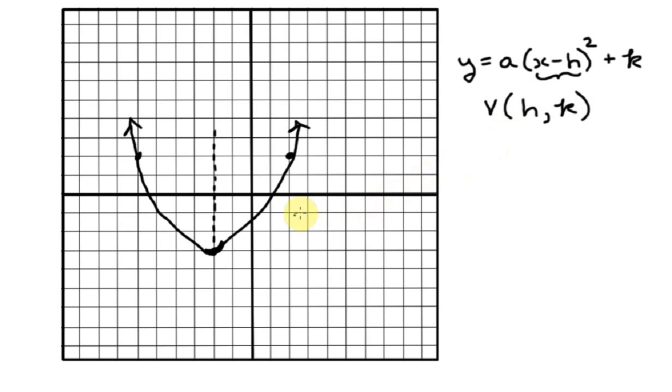Now, they tell us that the vertex is at (-2, -3). That gives me a lot of pieces of my equation. So I don't know what a is, but I know that this is going to be x. Now, we know the vertex here is at x = -2. So theoretically speaking, h would be -2.